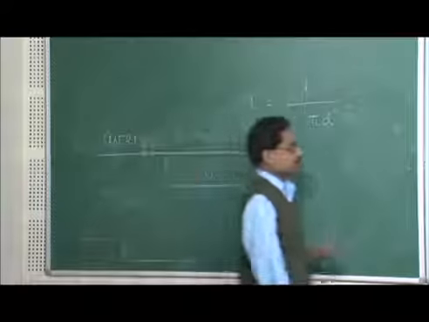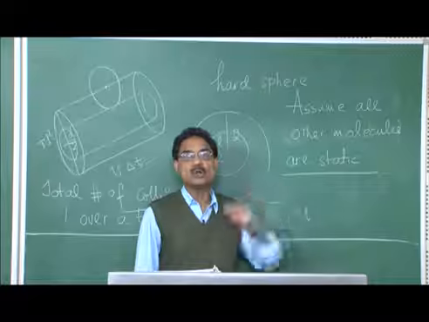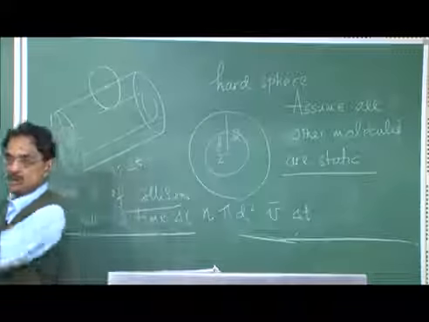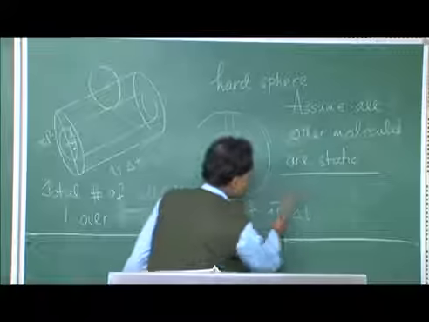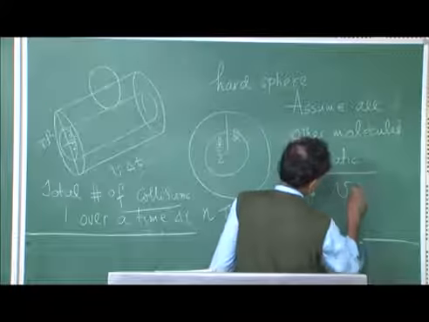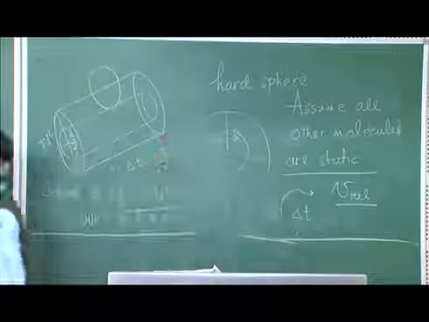I made an approximation that all other molecules are static, which is obviously not true. We know we do not have any specialized or specific molecule that is moving. All the molecules are moving. So, one should actually have here V relative, which is the relative velocity between two molecules.